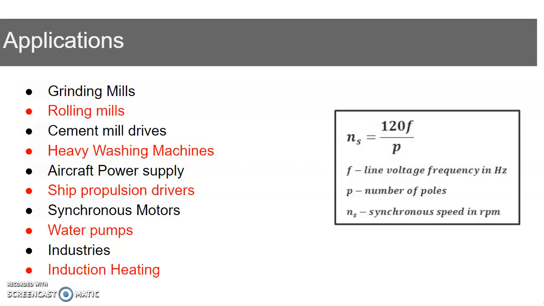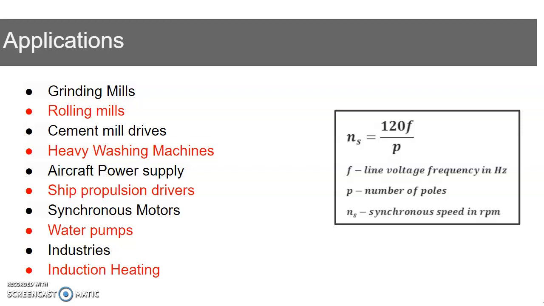So in order to vary the synchronous speed, we have to vary the frequency. The synchronous speed is directly proportional to frequency, so by changing the frequency, we can change the synchronous speed.